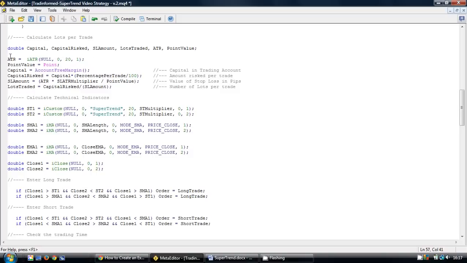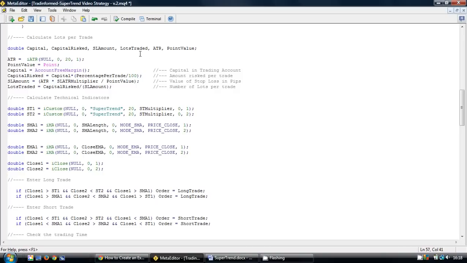We're going to identify these different variables. These are double type variables. Capital, which refers to the amount in the trading account. The capital risked, which is the value of the amount risked per trade. The stop loss amount is the number in pips of the stop loss.